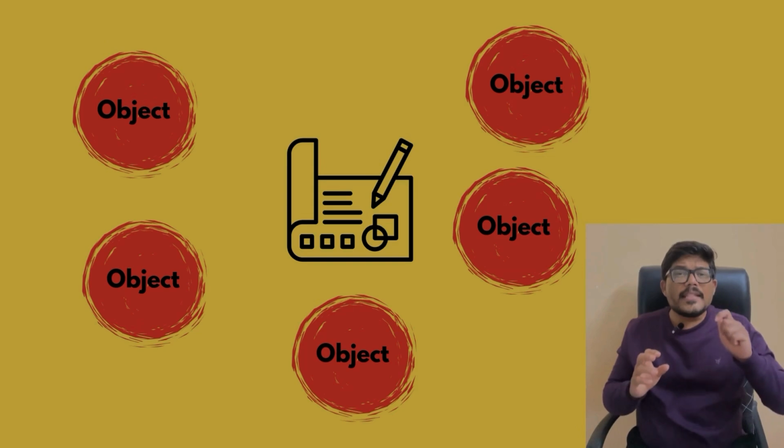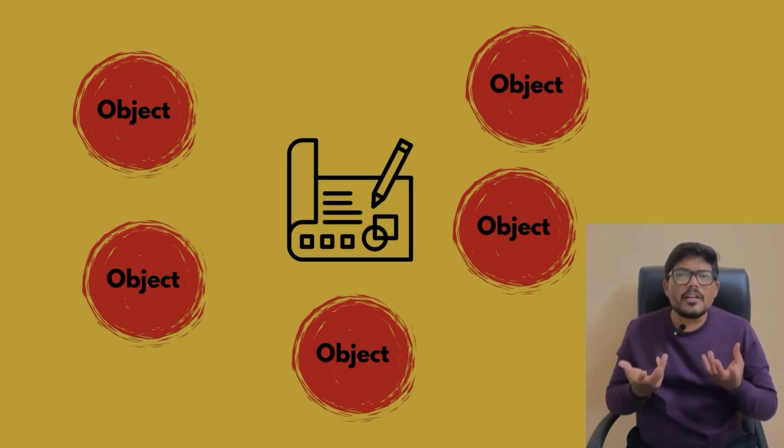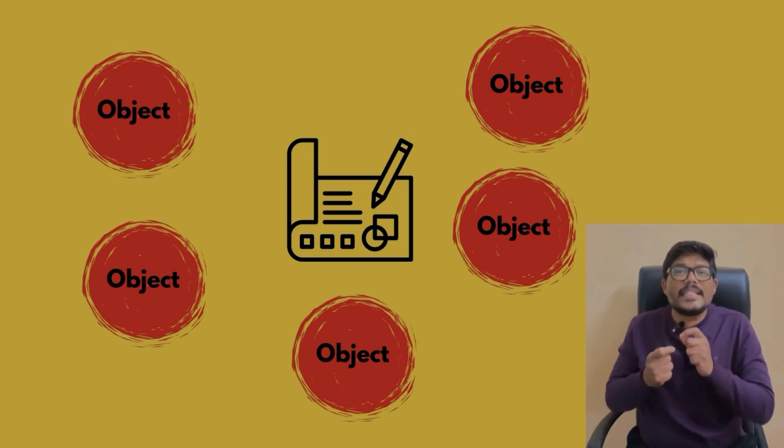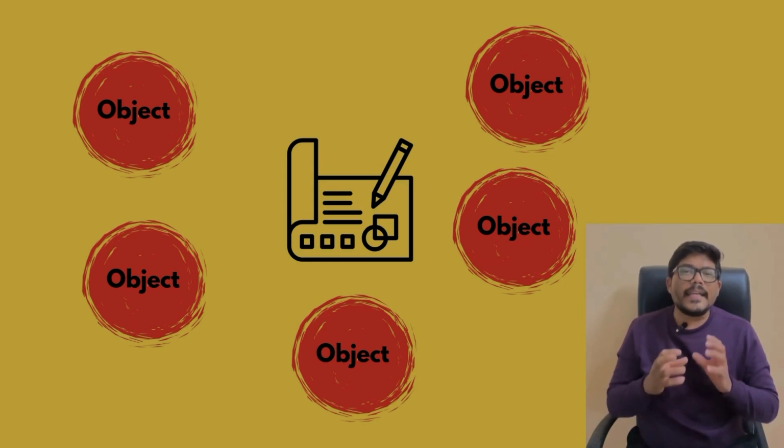Okay, class is a blueprint here out of which we can form an object. So what is an object? Object is an instance of a class. What is an instance here? It's an occurrence. Suppose I take a class bike. You can take bike as a class and I'll create an object out of this bike class. That object name is KTM. You all know that it's a bike, right?